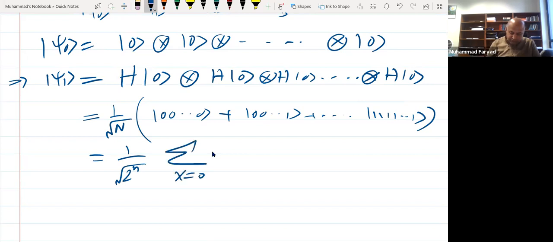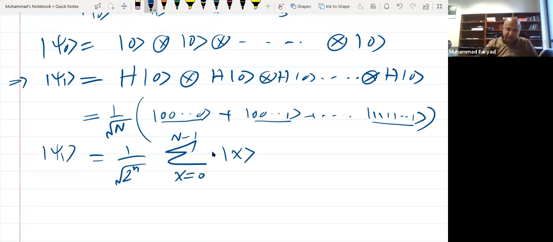X goes from 0 to N minus 1, and this is just |x>, where this x is a label equal to the decimal value of the bit string given over here. So for example, for this, x is equal to capital N minus 1. Okay, so this is the Hadamard transformed input.